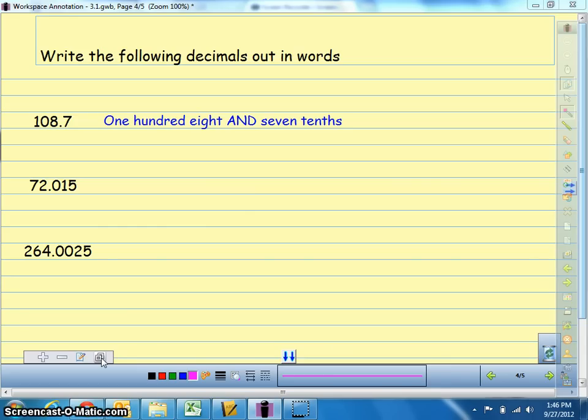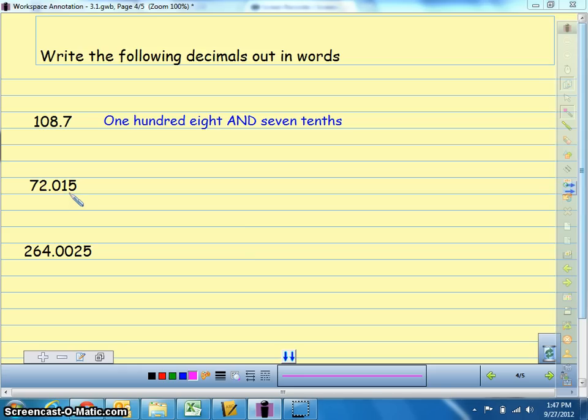The next one gets a little bit busier. We've got our whole number part. If we were to cover up this section here, over here we have 72, so we're going to write out 72, and then we have our decimal point right here, and so that's where we put our "and" in, and then we look to the right here, and we ignore the whole number part. We got 015. How would we say that number?